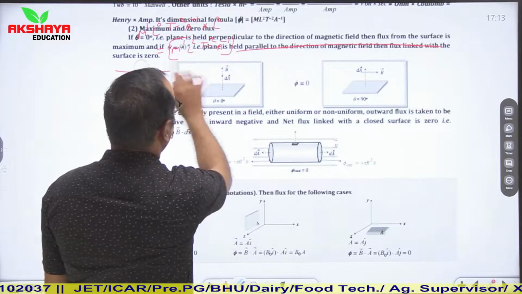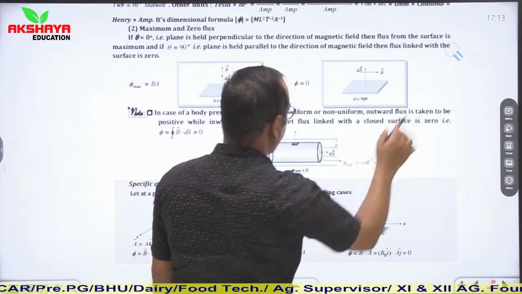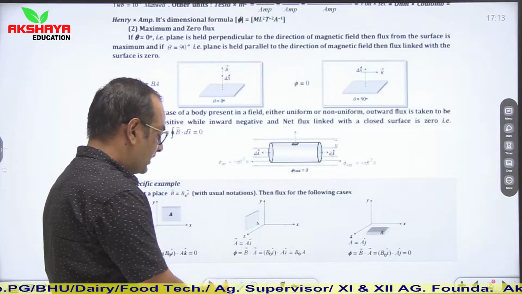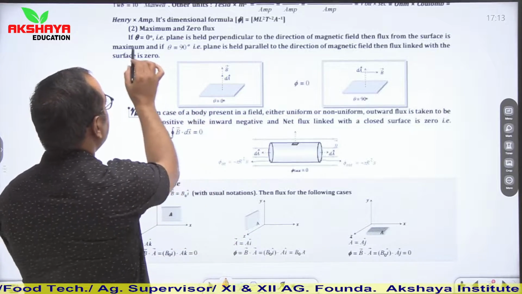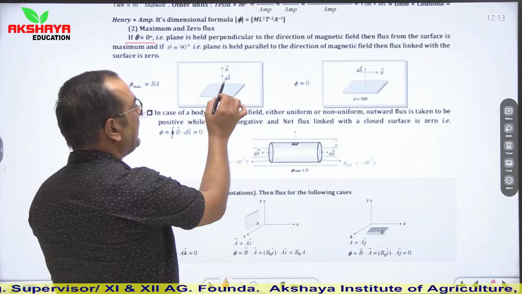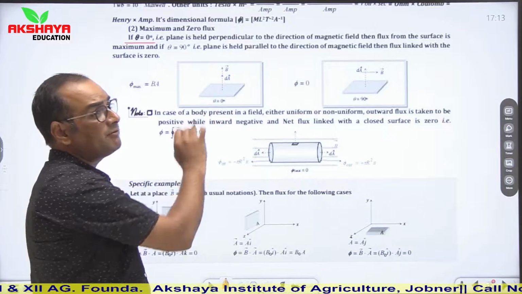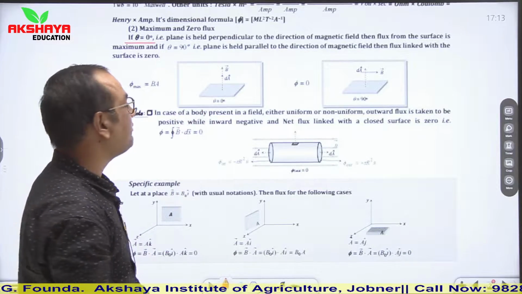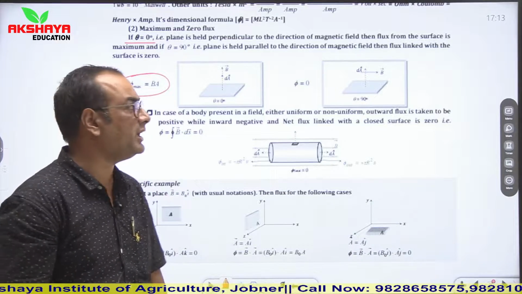For maximum flux, the area vector and magnetic field should both be in the same direction, which means theta should be 0 degree. In that case, the maximum number of field lines pass normally through this surface, so flux is maximum, which is phi is equal to BA.